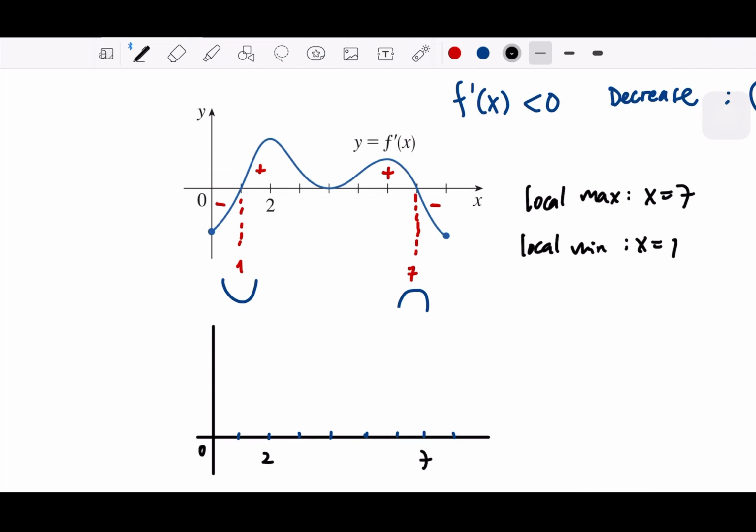Now we need to sketch the second derivative for C. If you have f prime here and we need to write the f double prime, then we need to differentiate one time. The idea of the second derivative, the derivative of f prime, means that we are going to look first at the slope. I think that's the better way for the first impression.